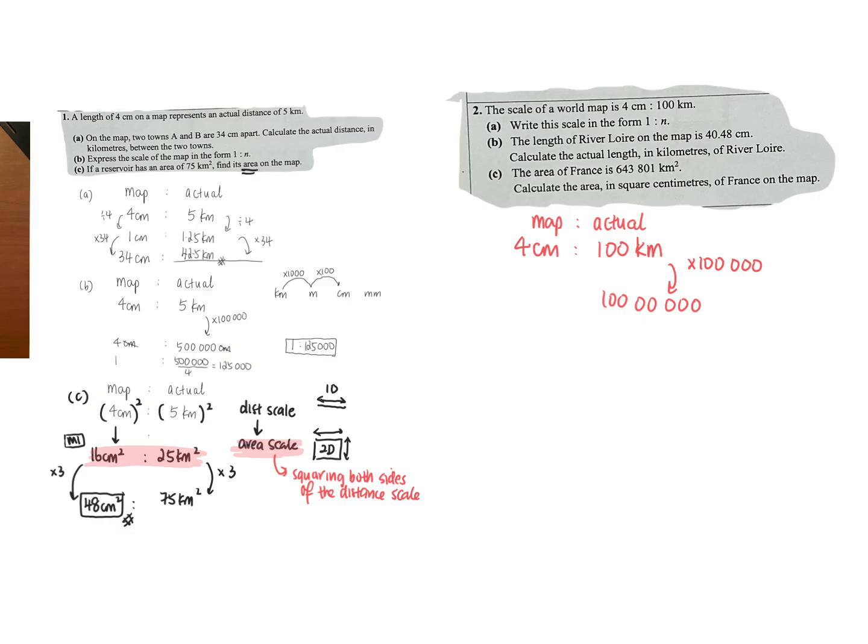Okay, 10 million. So both in cm. Once you are done in cm, then you can divide. So 10 million divided by 4. So this is the scale for part A. Okay, part B.